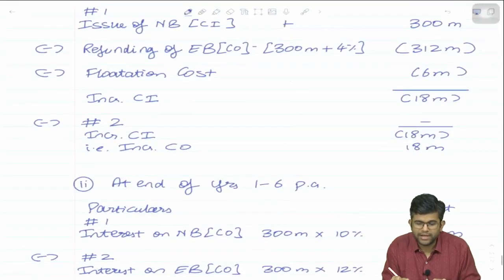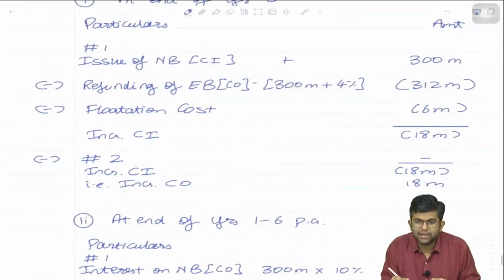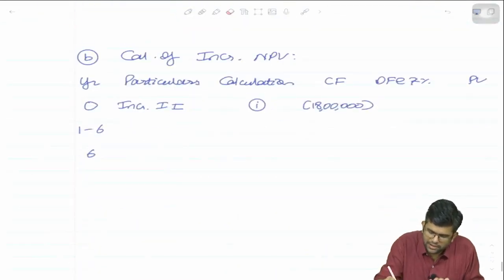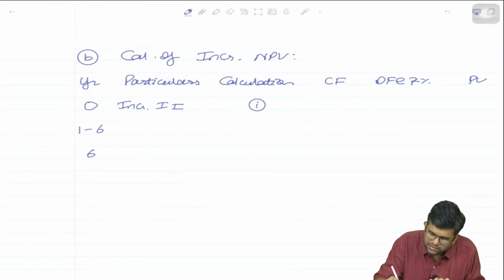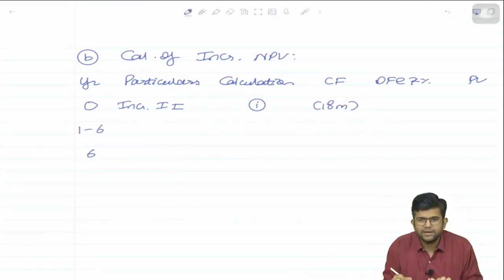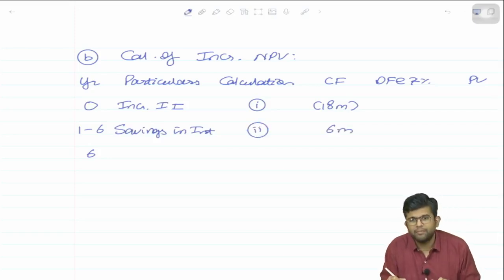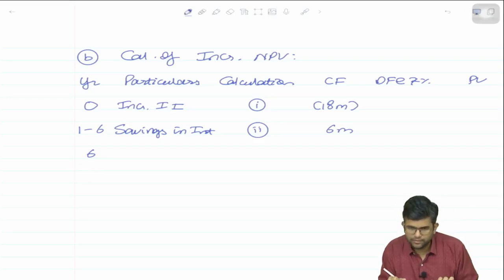Incremental cash outflow 18 million. 1 to 6, can I say there is a savings in interest according to point number 2 of 6 million per annum. Everyone clear?